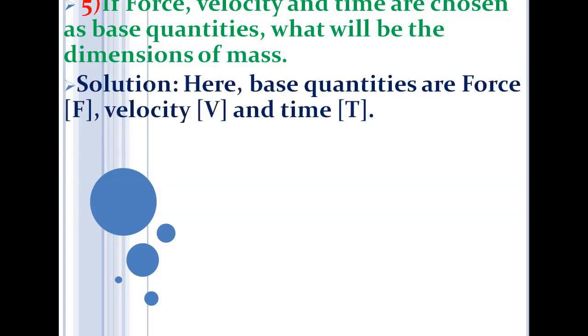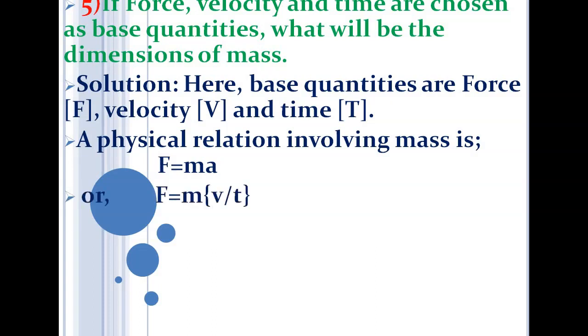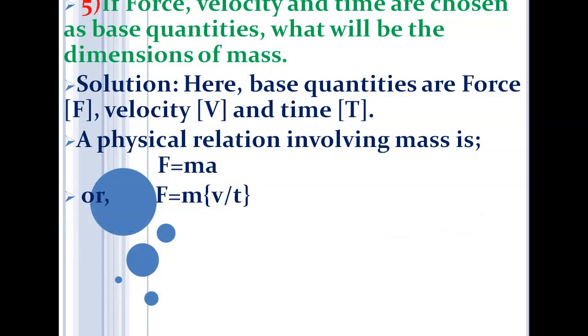So let's see. The base quantities are force, velocity and time, as mentioned in the question. Then a physical relation involving the mass is F equals ma. In terms of dimension we may write one more step: F equals m v by t.